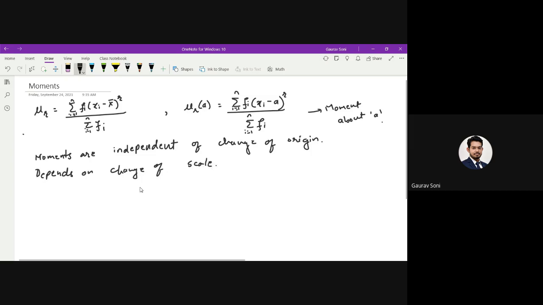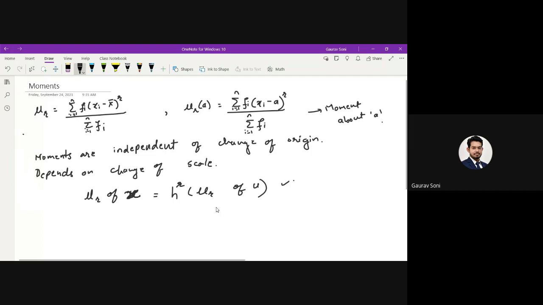What is the relation? For the central moments, the rth moment of variable x, mu r of x, is equal to mu r of u times h to the power r. So this is the relation between the central moment of variable x and the central moment of u.